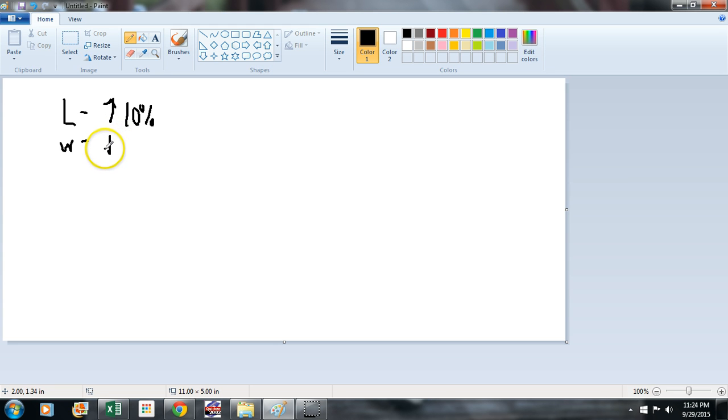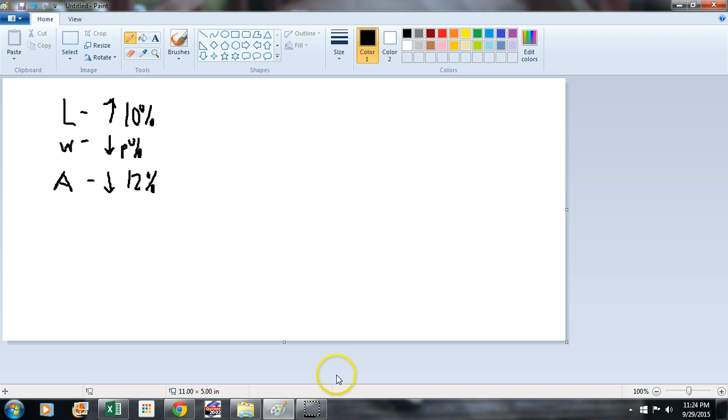It doesn't tell us what this value is. We just know that we have to figure it out. And it says if these alterations decrease the area, so the area of the rectangle is decreased by 12%. So these are the parameters that were given.